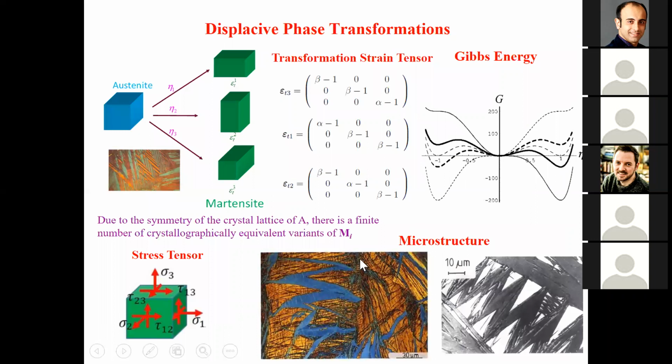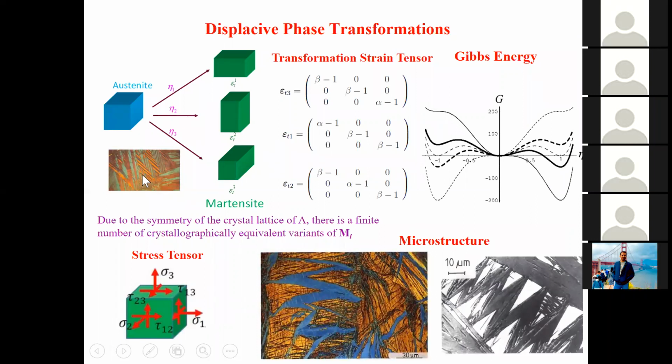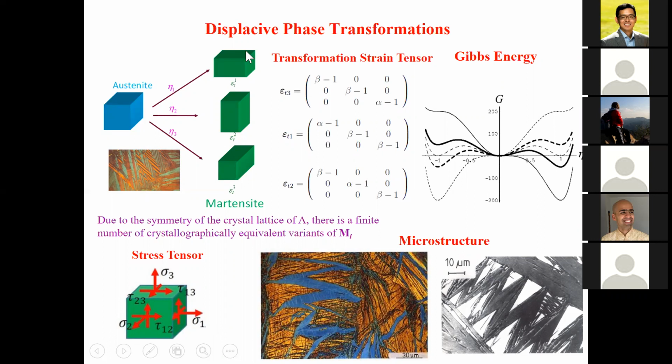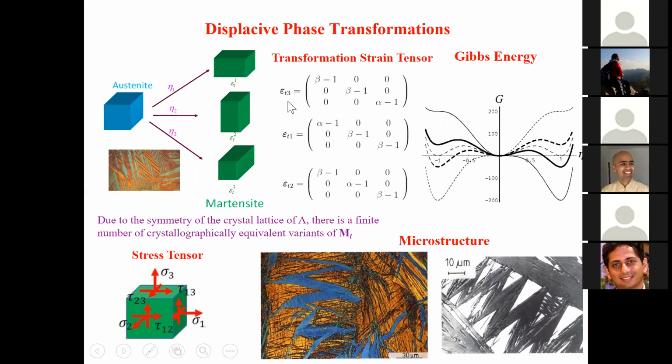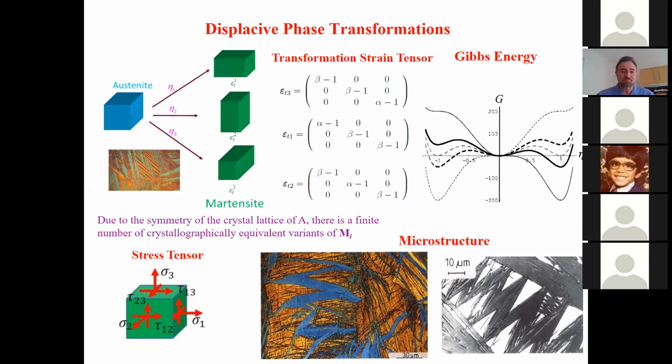Okay, now I will define phase transformation, displacive phase transformation, as deformation of the crystal lattice of the low pressure phase, or austenite, into the crystal lattice of the high pressure phase, or martensite, which is described by a transformation strain tensor. In the given case, this is cubic to tetragonal, and because of the symmetry of the cubic phase, we have 3 different crystallographically equivalent variants of the high pressure phase.